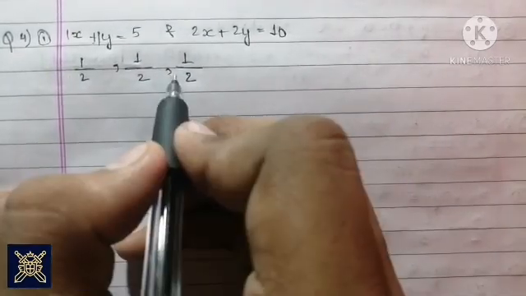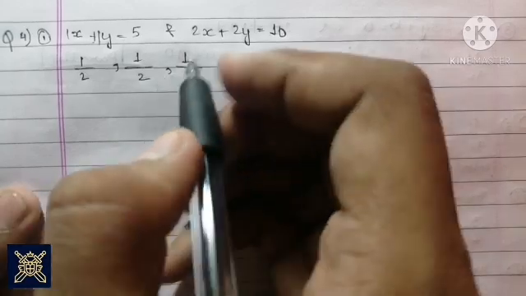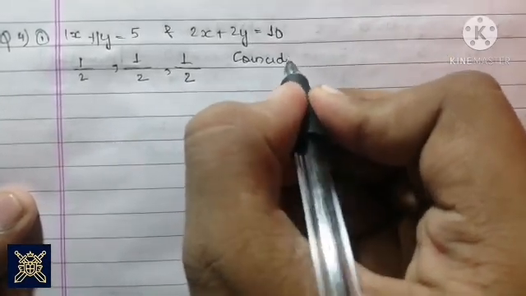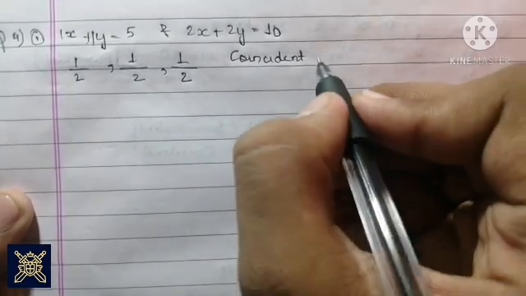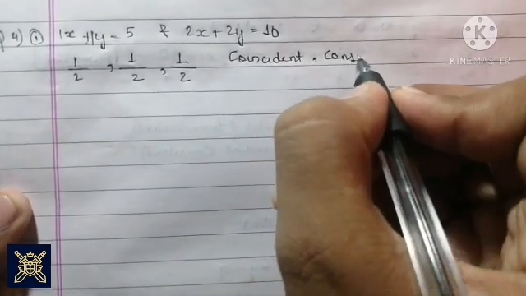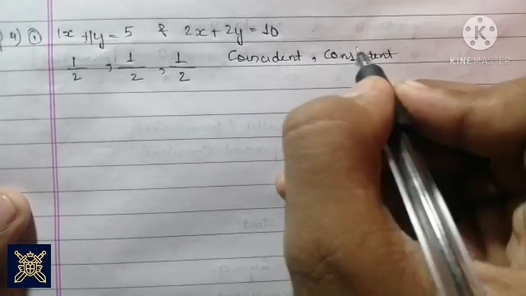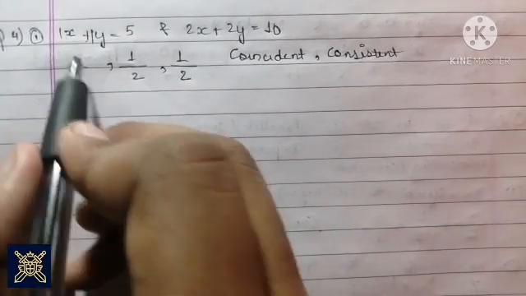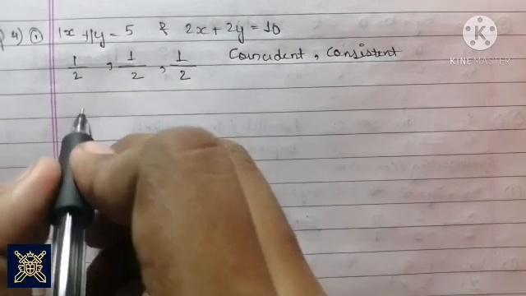If all the three are equal to each other, this means that these are coincident lines, and coincident lines are consistent. They are dependent consistent.